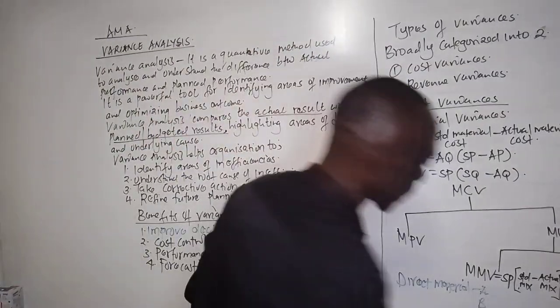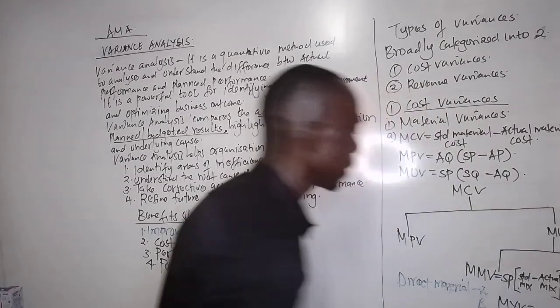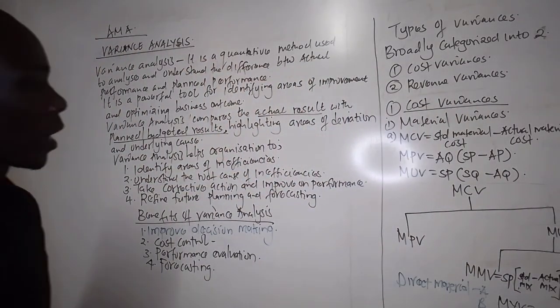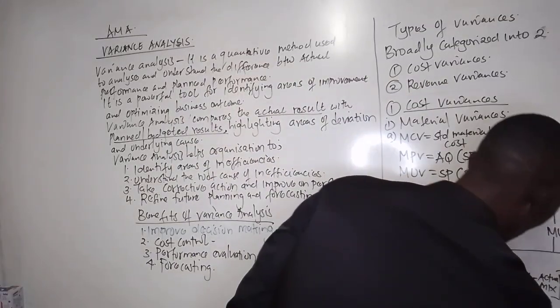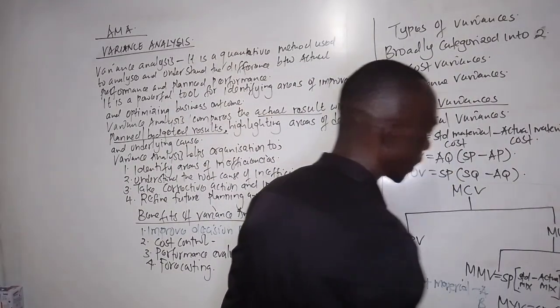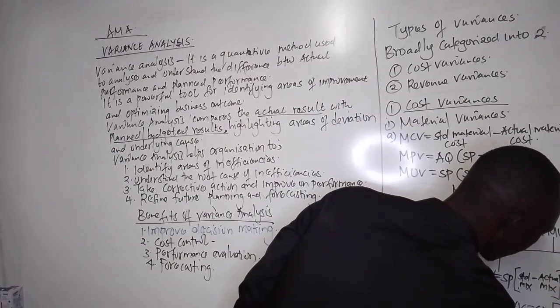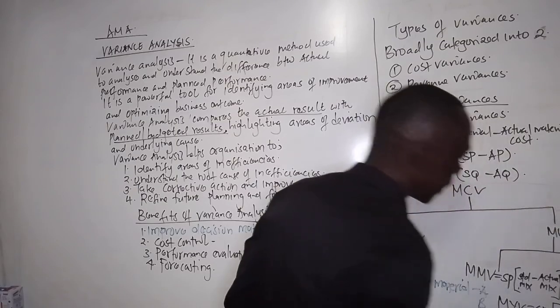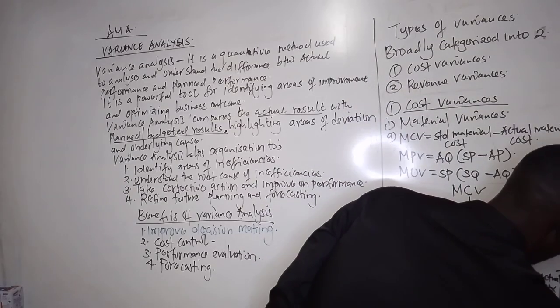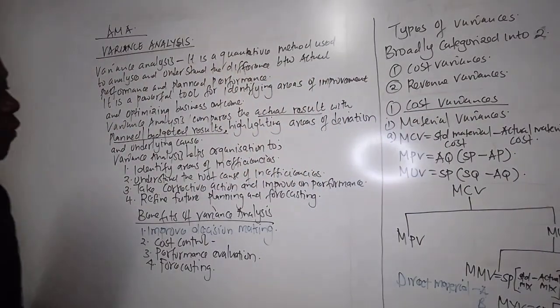What about the case of material yield variance? The material yield variance is computed by taking again the standard price, but now into the standard quantity, then you raise the standard mix of the input.